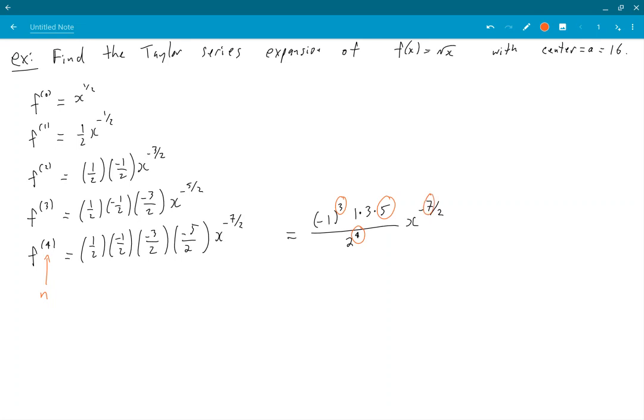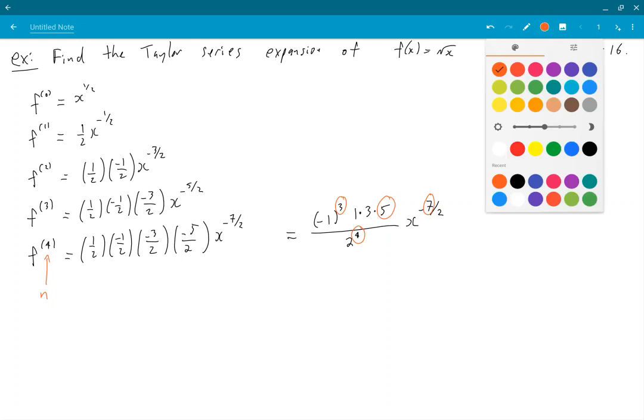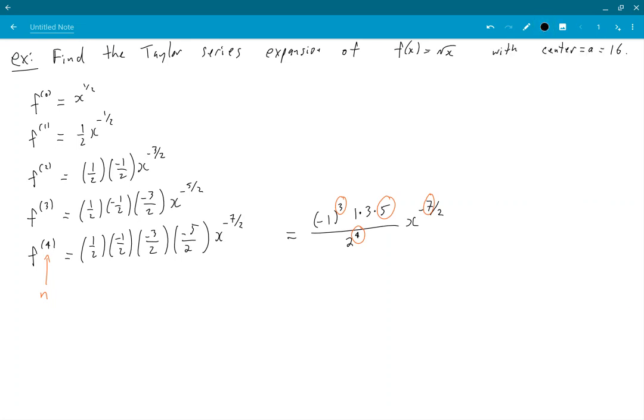Okay, because you can see, if you look at the third derivative, you would have -1 squared, 1 times 3 over 2 cubed, x to the -5/2. You see that the 4 numbers circled in red are the ones that are changing.